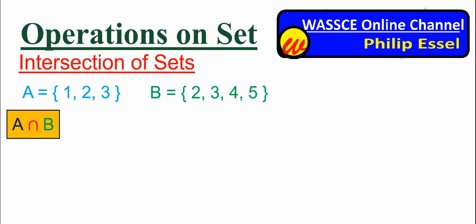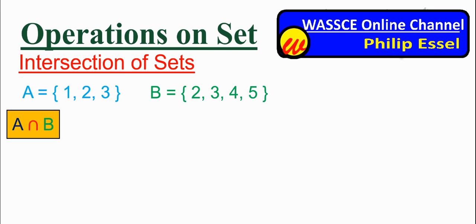Now, how do we find A intersection B? To do this, you need to look at the two sets A and B and identify items that can be found in both of them at the same time. You realize that the number 2 can be found in set A and it can also be found in set B. So we pick it.